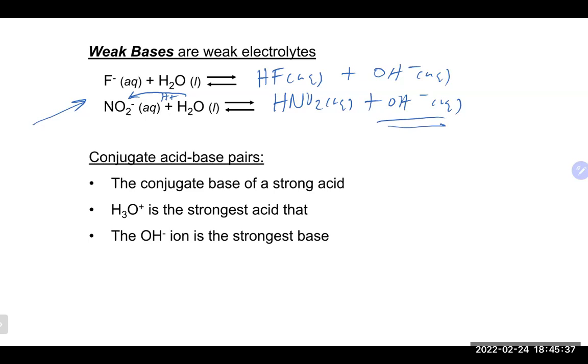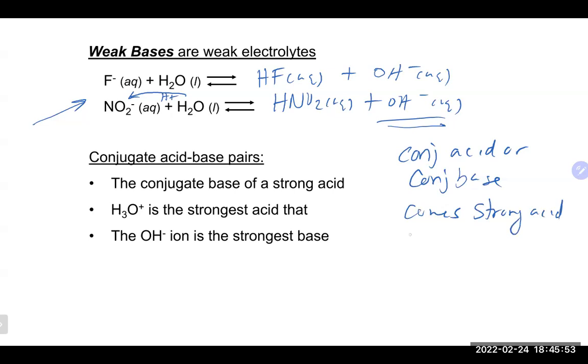It is an opposite relationship, which means if you have a conjugate acid or conjugate base that comes from a strong acid or a strong base, these guys are essentially super weak. So if the partner came from something that was strong, it's going to be relatively weak, and vice versa.